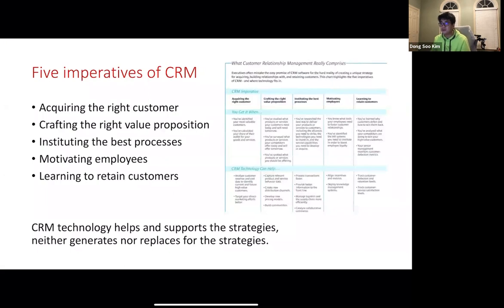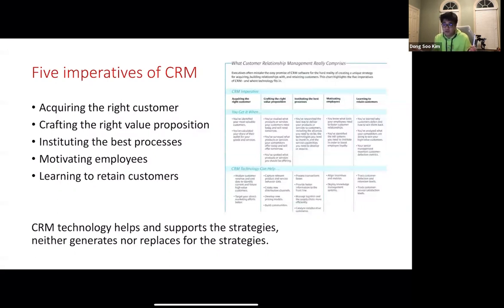The article concludes with five imperatives. If you carefully read the article, you may find that those imperatives are quite close to the implications of the lifetime value concept. Design and development of appropriate CRM strategies are the manager's job, and your job in the future.